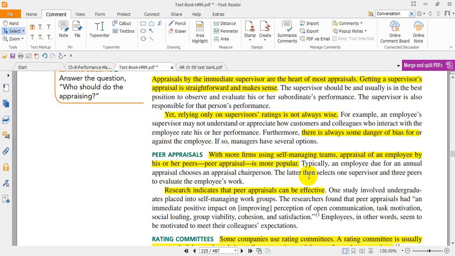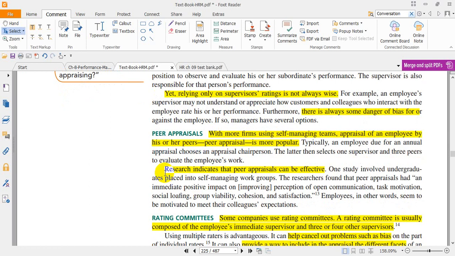The latter then selects one supervisor and 3 peers to evaluate the employee's work. Research indicates that peer appraisal can be an effective way in performance appraisal.